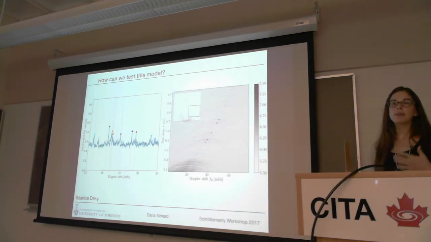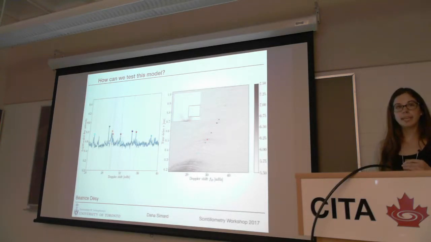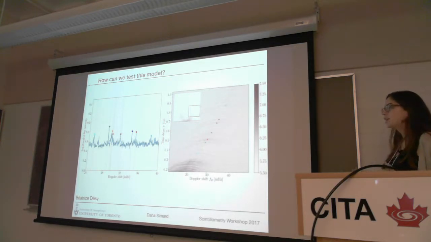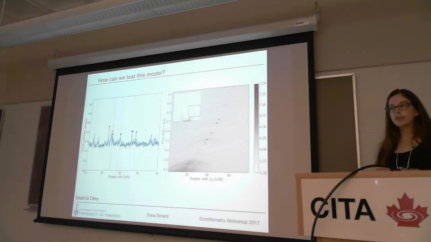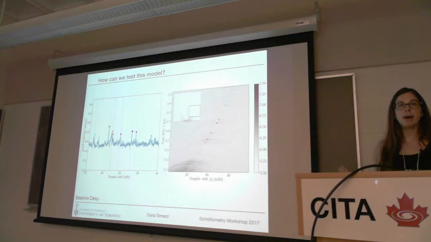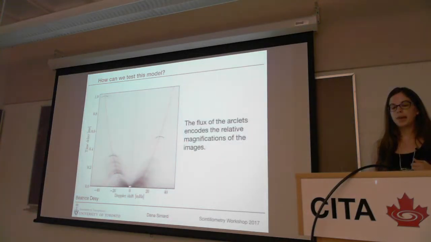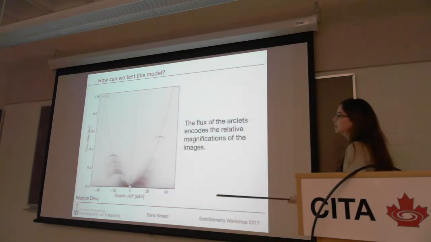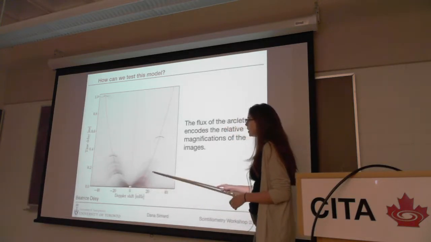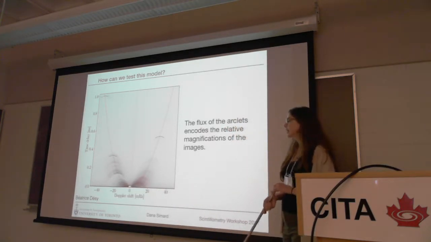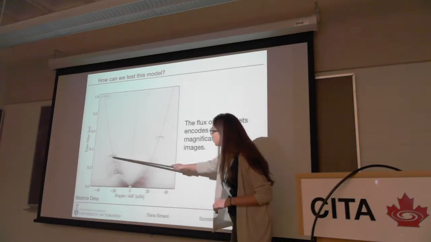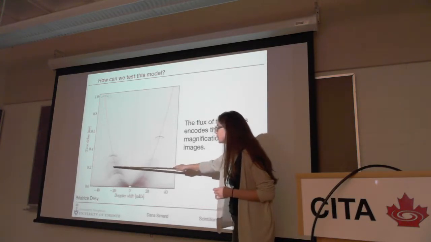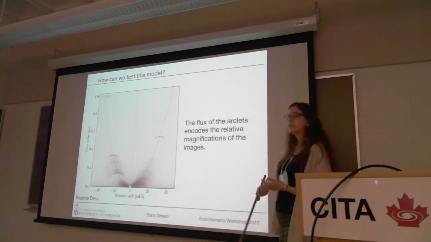And what we actually want are the magnifications relative to the line of sight. But this is difficult because you have all of this flux at the origin, some of which is due to noise, and some of which is the total sum of all of the power. And so you have this difficulty in actually comparing to the flux at the origin. So what we've been working on is comparing to an arclet, or the main arc itself, in order to get that comparison.